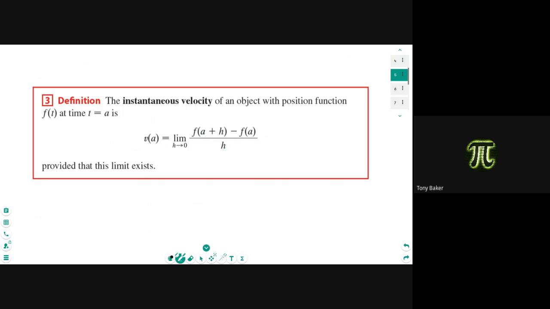The whole concept of calculus is rocket science. Well, this is why. One of the most important things when you're setting up a rocket is you need to know the forces on that rocket at any given moment. You need to know exactly how fast it's going at any given moment. That's instantaneous velocity.